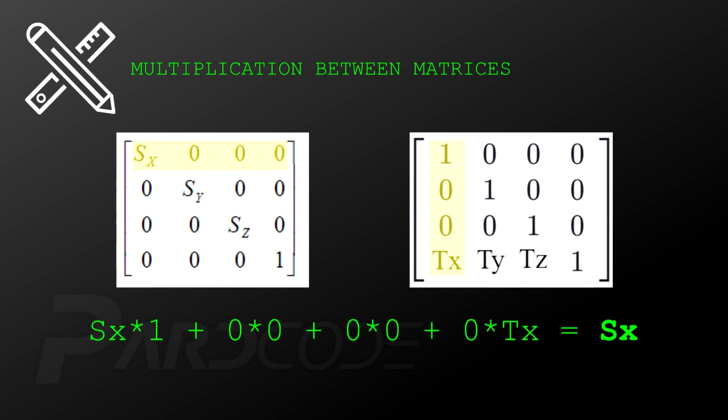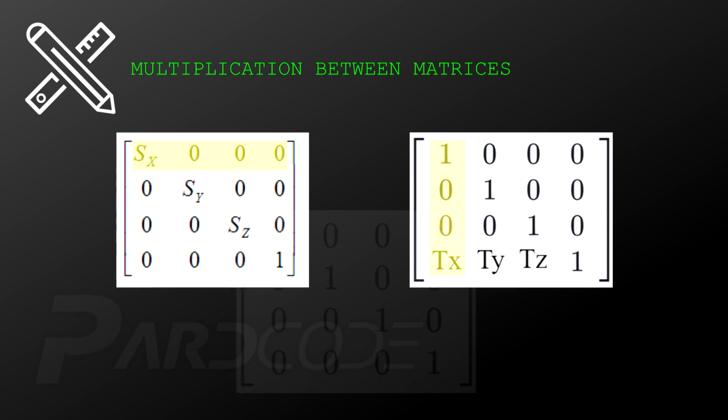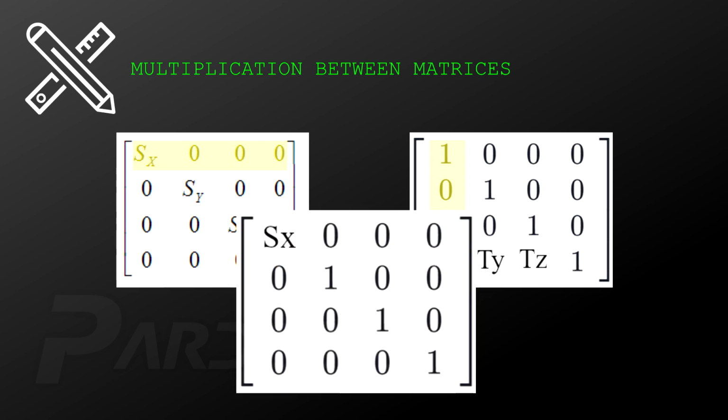Then we have to sum it with the multiplication between the second number of the first row of the first matrix with the second element of the first column of the second matrix, and so on. In this way, the result is placed in the cell indicated by the intersection between the row and the column currently involved in the multiplication. In this case, the cell at first row and first column.